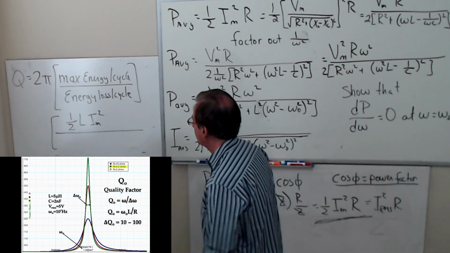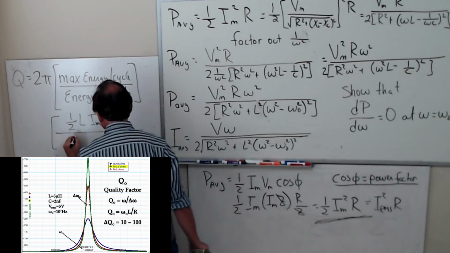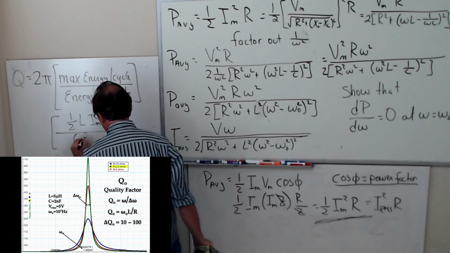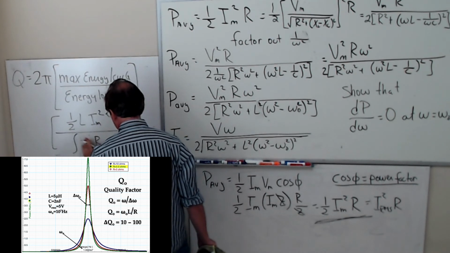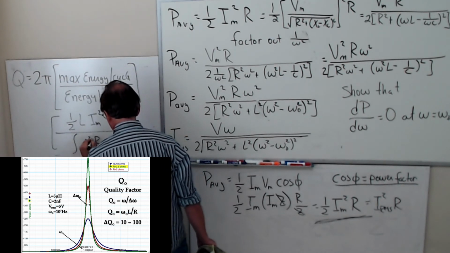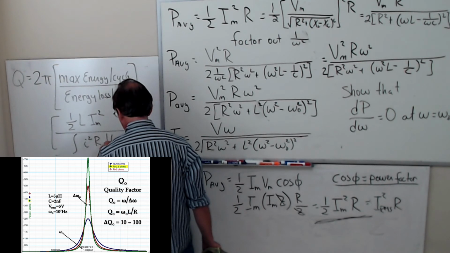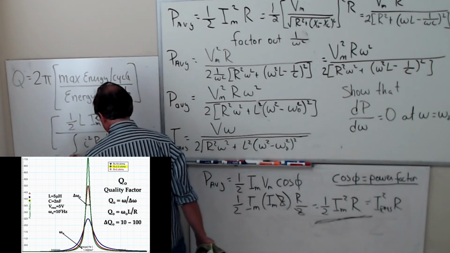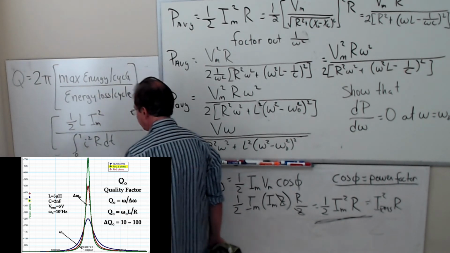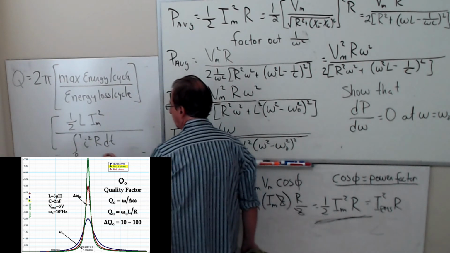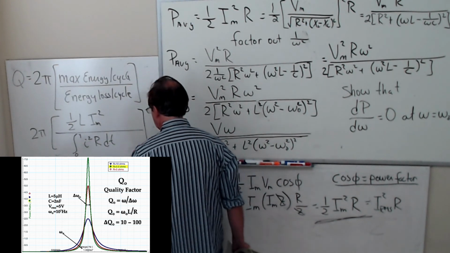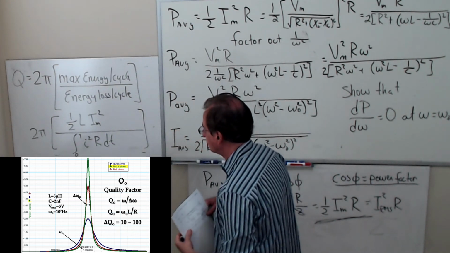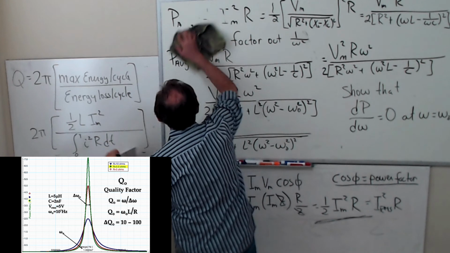But in the denominator, if I want to find the energy lost per cycle, I actually have to integrate the power over one cycle. And that'll give me the energy lost per cycle. Well, that's actually not that hard to do.